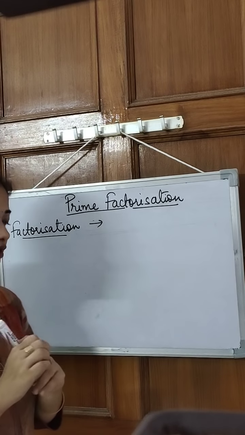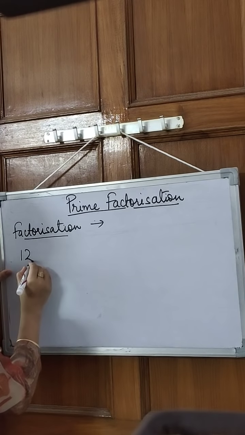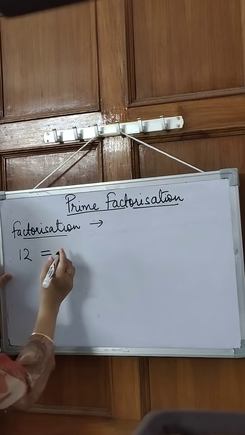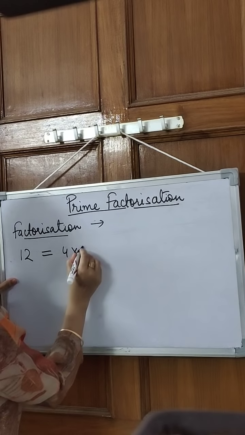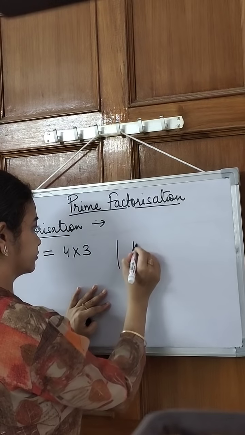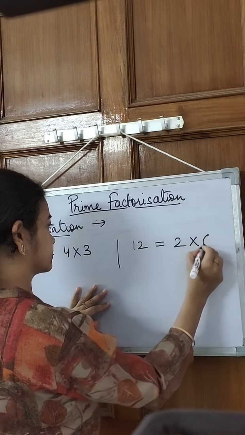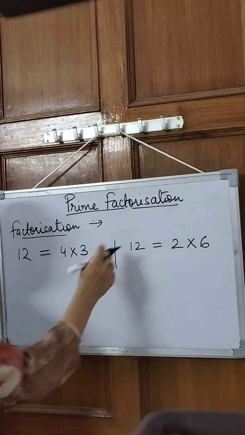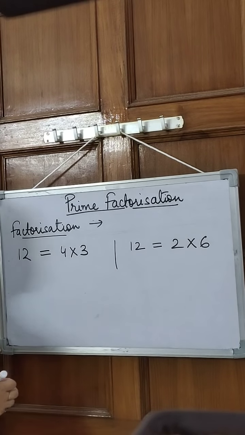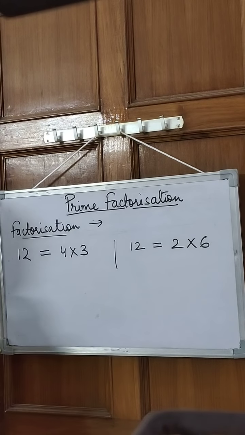I am making it smaller with the help of a product. So if I take my number 12, in place of 12 I can write 4 into 3, because 4 threes are 12. Or for 12, I can write 2 into 6. That is also 12. I can write 12 into 1 also, and I can write many more. So this is factorization of this number.